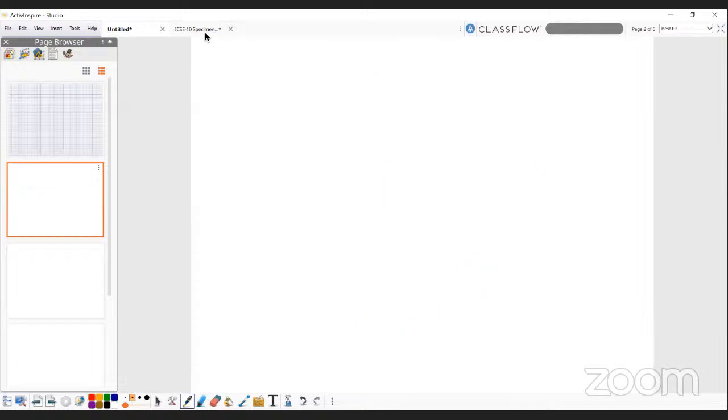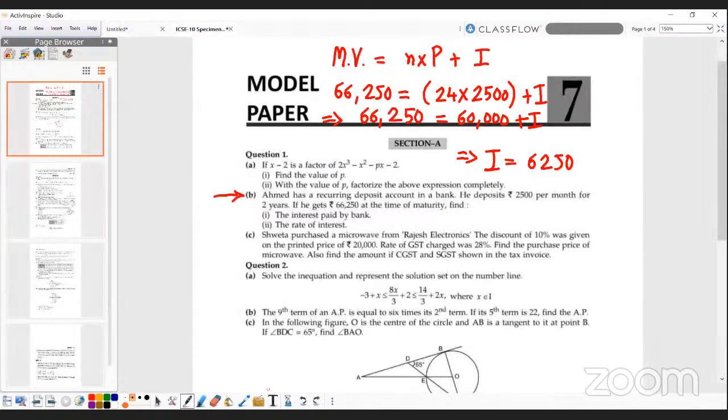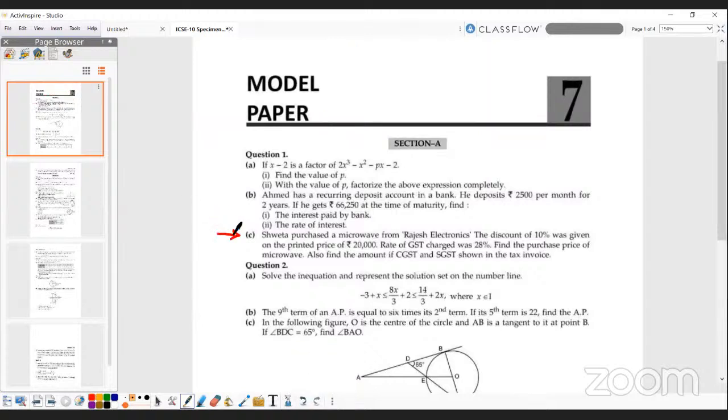Next, question number first, C part related to GST. Please try doing this. Shweta purchased a microwave from Rajesh Electronics. Then a discount of 10% was given on the printed price of 20,000. GST rate is present before you as 28%.